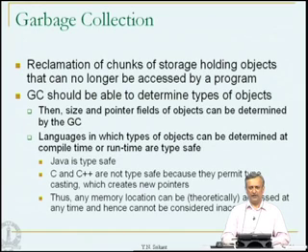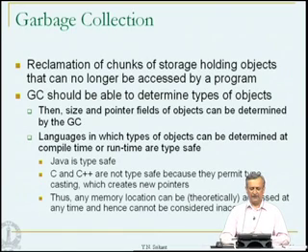So, GC should be able to determine types of the objects. We will know why very soon. Then the size and pointer fields of objects can be determined by the garbage collector. So, once I know the type of the object, I know the size of the object as well. This is the point.